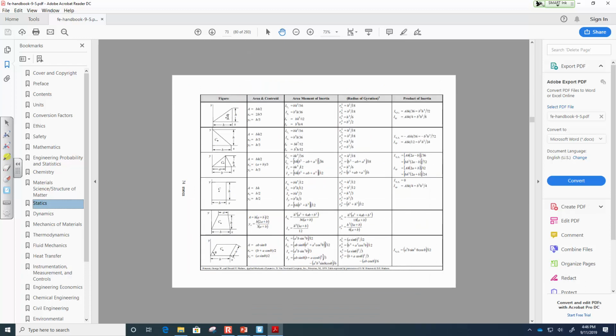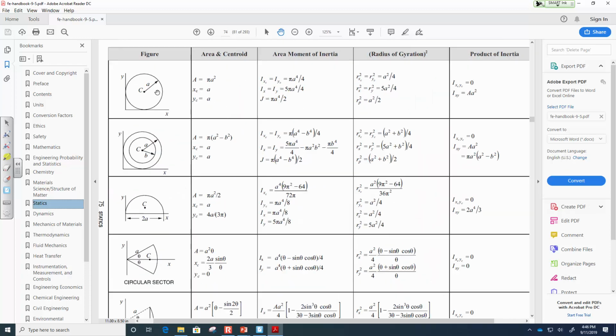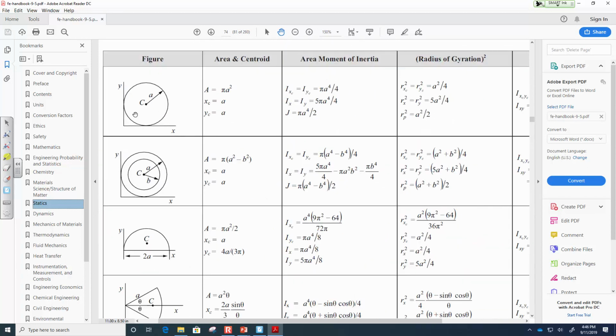There we go. So right off the bat, if there's any properties that you don't remember, the statics section will list properties of, for instance, here's a circle, what's A, if here's a pipe, what's the area, and so on and so forth. Looking at a circular cross-section or looking at a pipe, here's J. Now, the way I always remember J is pi times the diameter to the fourth over 32, or pi r squared over 2.